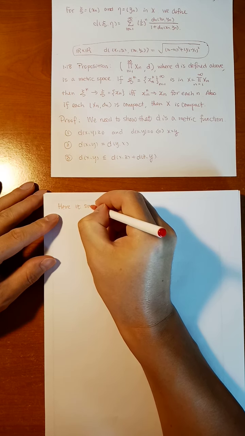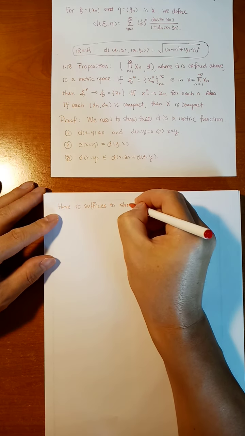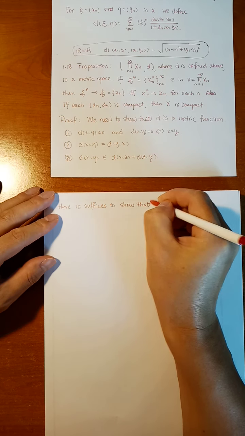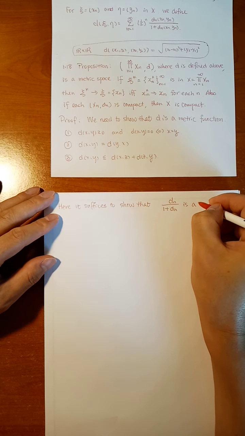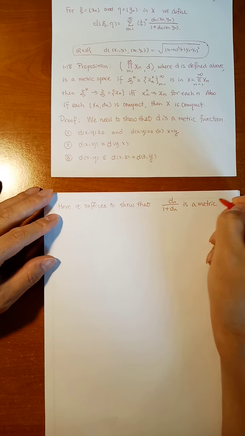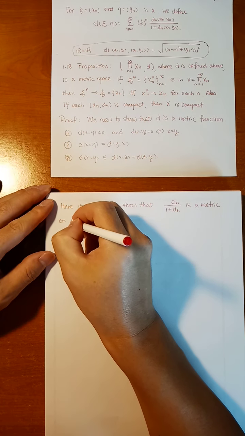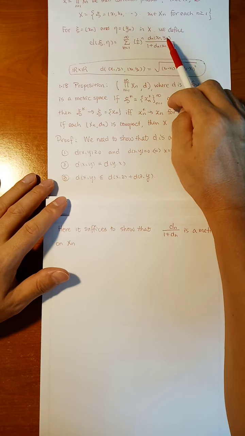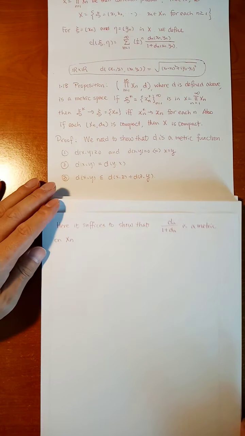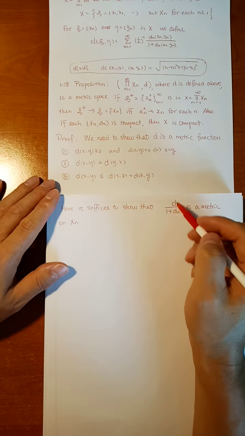It suffices to show that this function dn over 1 plus dn is a metric on Xn. If each component is a metric, then when you add them together, it also satisfies the triangle inequality. So we are going to show this satisfies the triangle inequality.